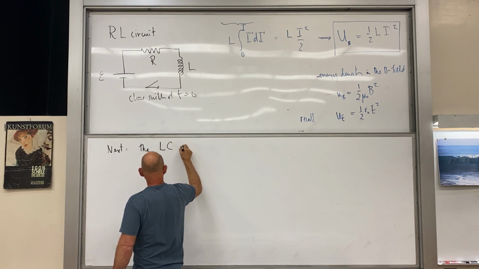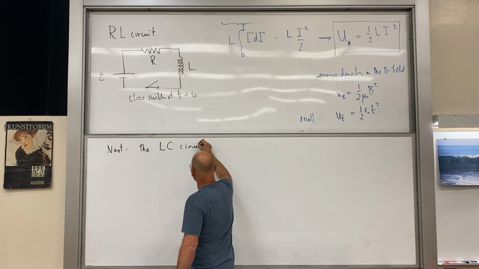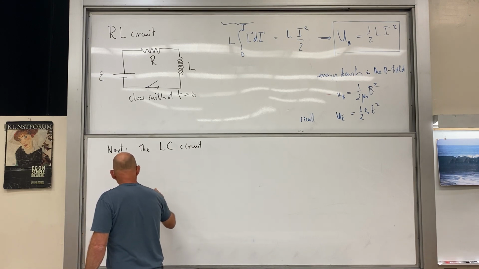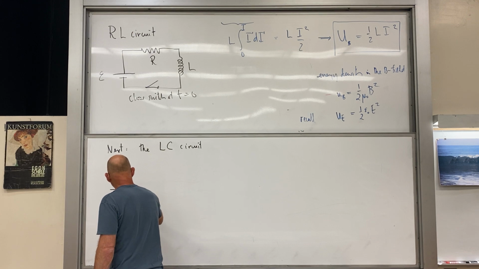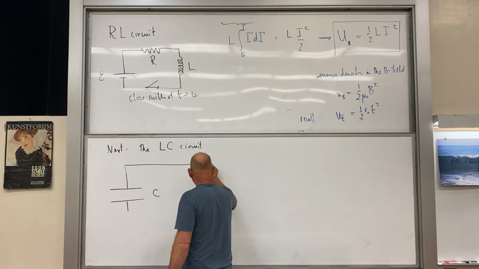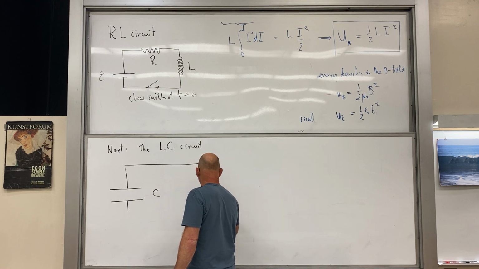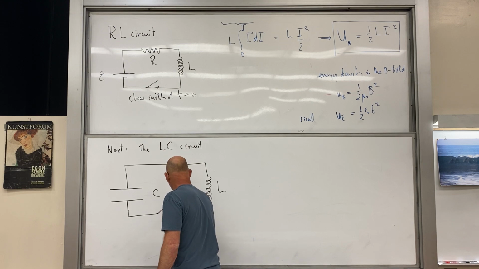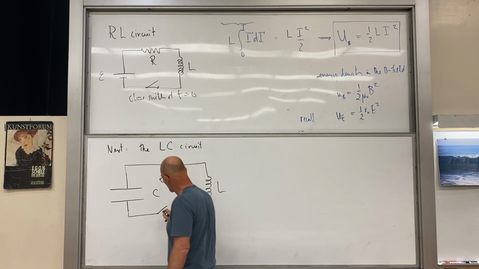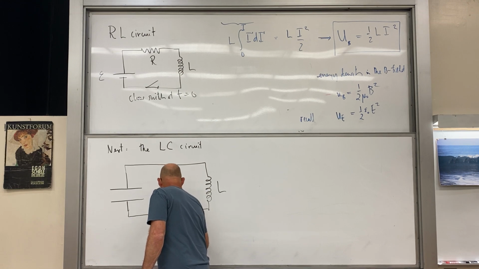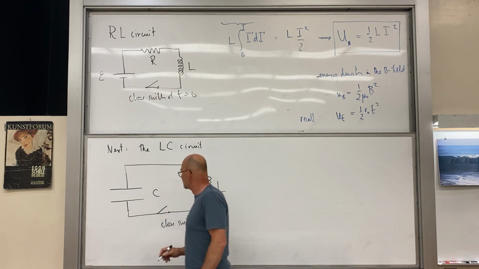The LC circuit. So let's just draw what we're looking at now. The idea is we have a charged capacitor, and it's connected with an inductor, and we're going to have a switch that we're going to close at t equals 0.